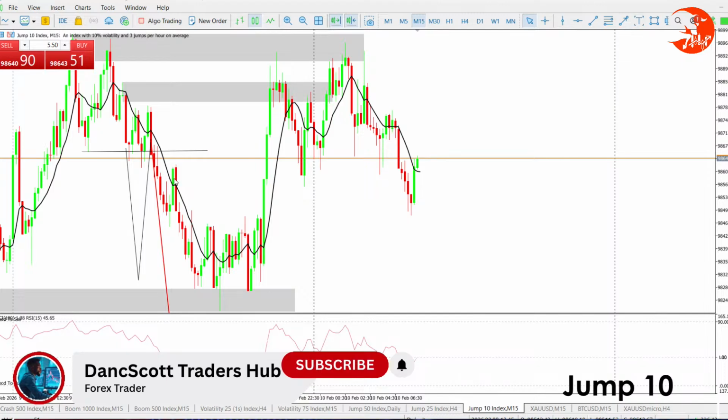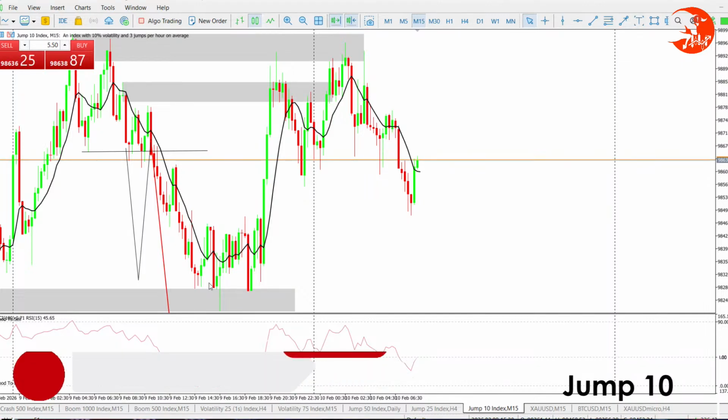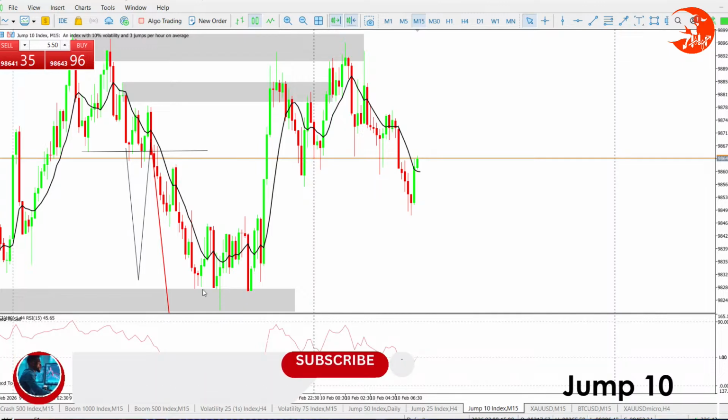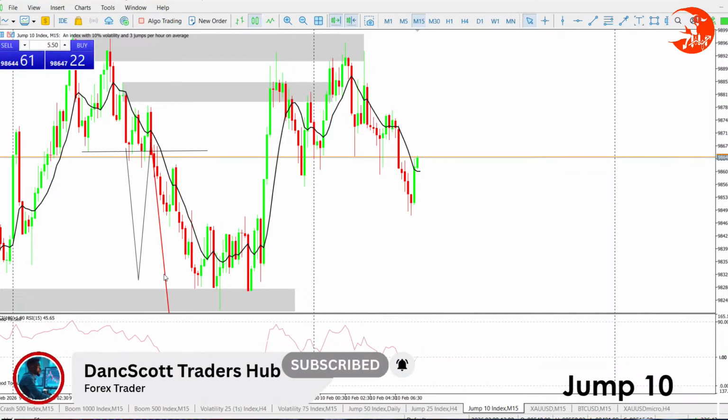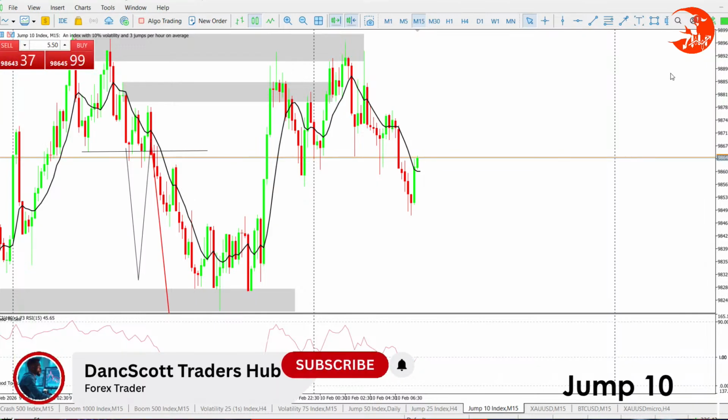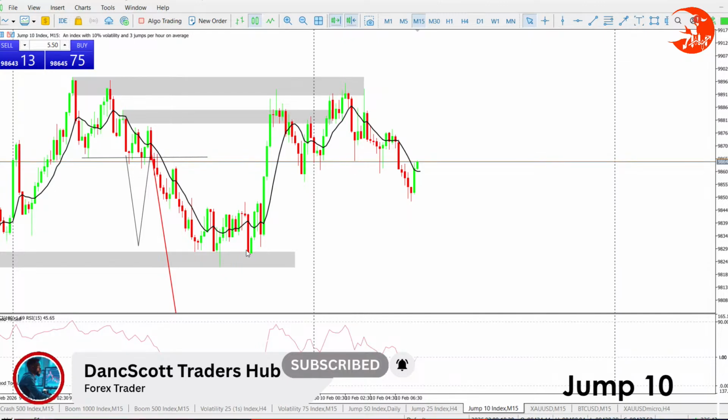After this short pullback, we entered sells, but then it played games, failing to break this level. That's why I later told my VIP guys to move out before it actually took us out. I told them to move out when it failed to break this support right here, and we moved out.